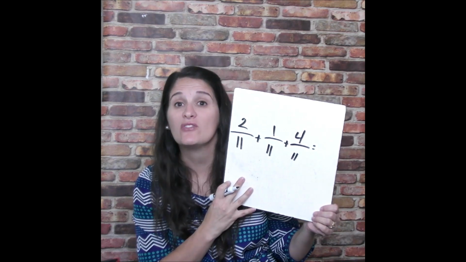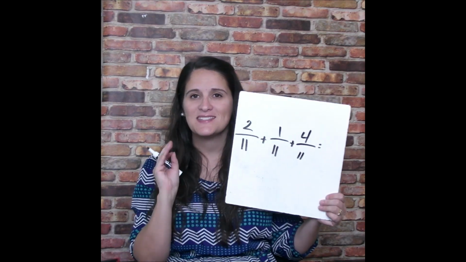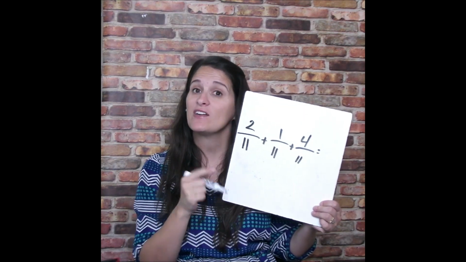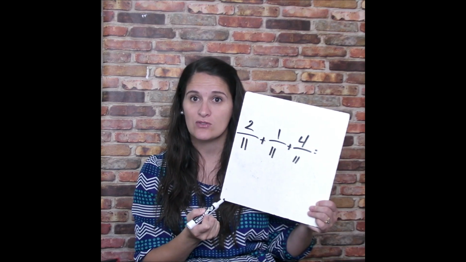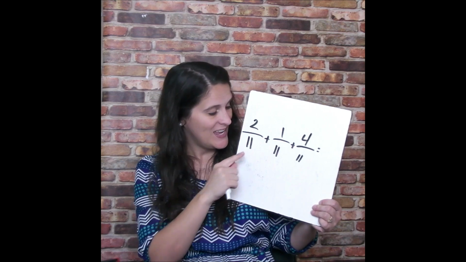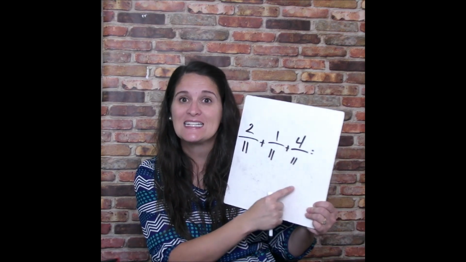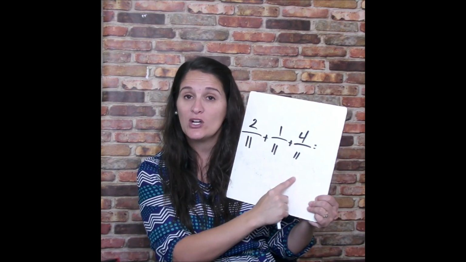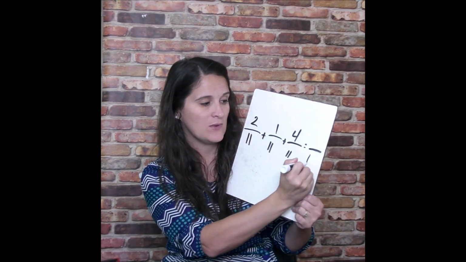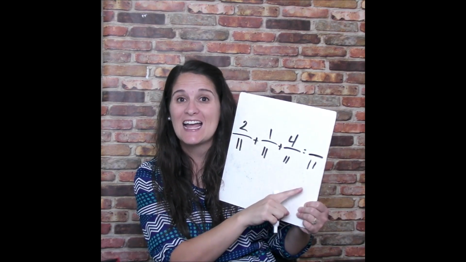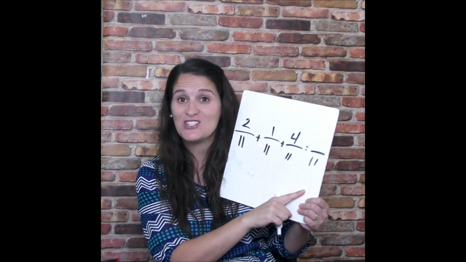I'm going to give you 3 fractions. This always throws my students off. Now, if it gives you 3 fractions, do the rules change? No. If your denominator is the same all the way across your problem, then your answer is going to have the exact same denominator. Nothing changes.